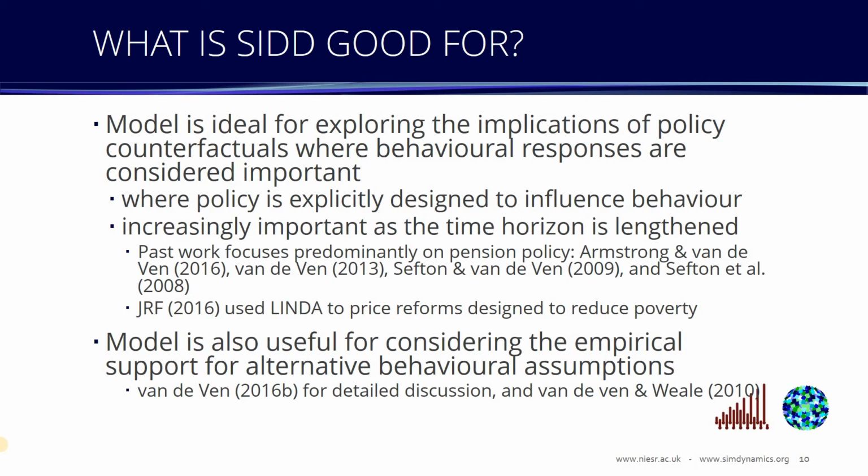Now, the implications of that little bit of variation may be reasonably ignored when the time horizon is really quite short, so if you were thinking of anywhere up to, let's say, 5 years into the future. But let's say you were looking further into the future. Let's say you were looking 20 years into the future.